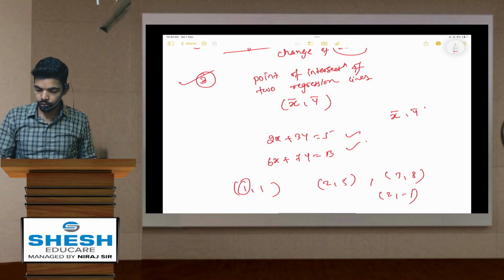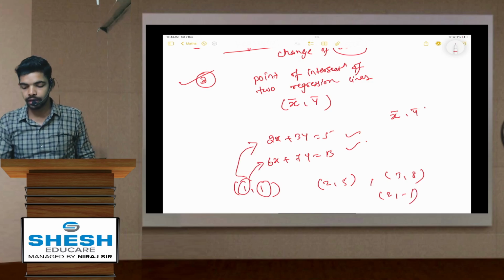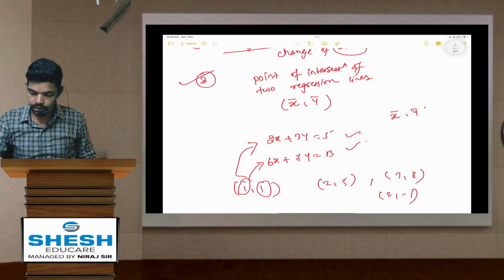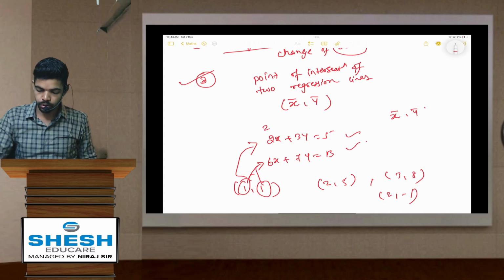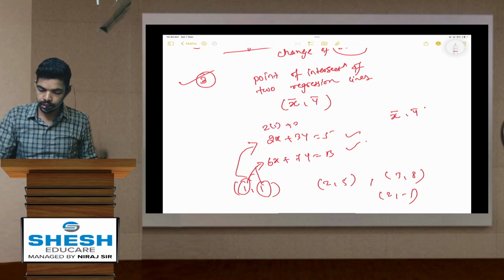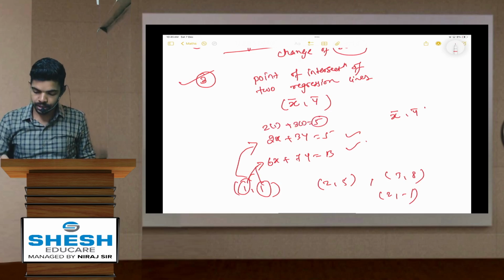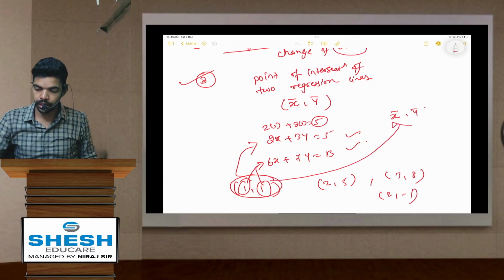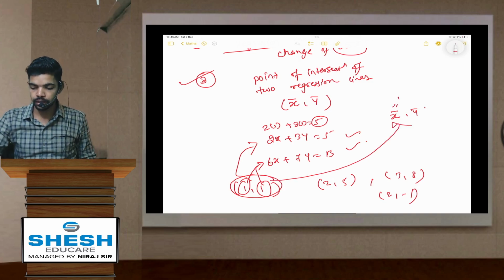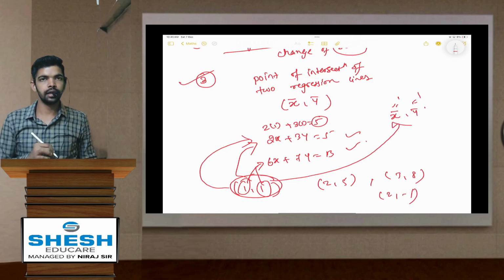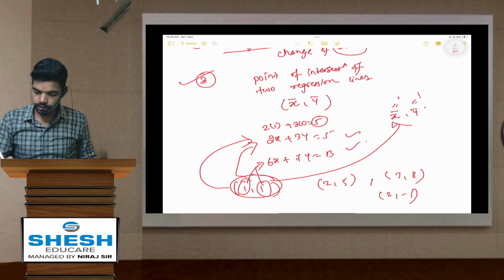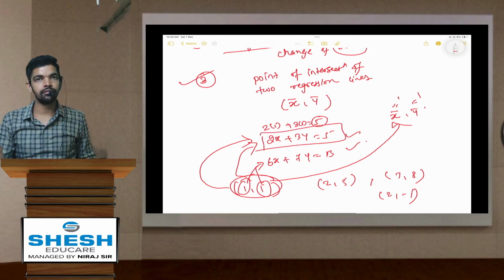Just put the values of x and y यहाँ पे किसी भी इक्वेशन में देखो और कहाँ पे सेटिस्फाई कर रहा है. Suppose 1,1 put करो, so 2 into 1 plus 3 into 1 which is 5, right? It means 1,1 is the mean. x bar is 1, y bar is 1. ऑप्शन से जस्ट वैल्यू पुट करना है. Once it satisfies the equation, then that will be your mean.